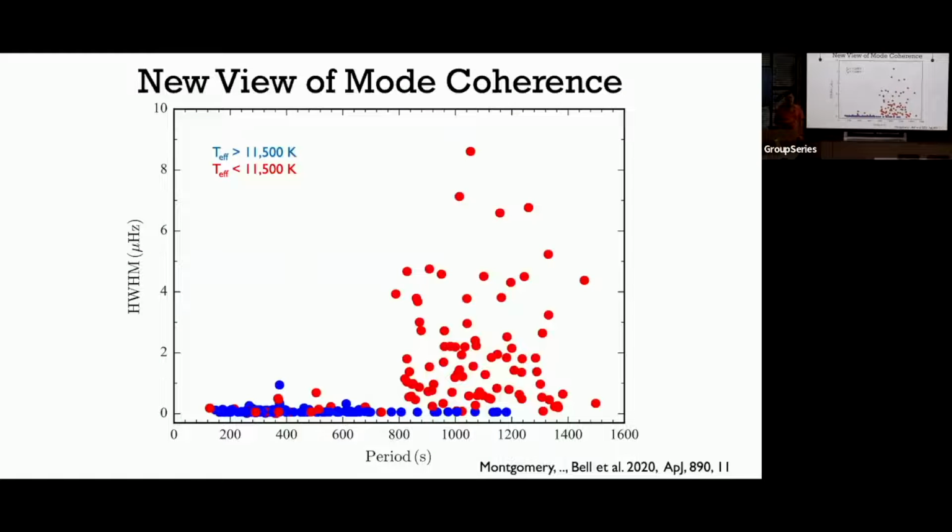So the old view of this was to split the instability strip into hot stars and cool stars. And now I'm coloring the points on this plot based on the half width at half maximum of the Lorentzian profile that we fit to each signal in the Fourier transform, against the period of that mode.